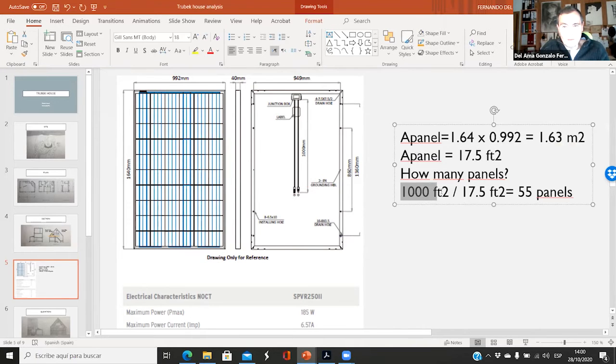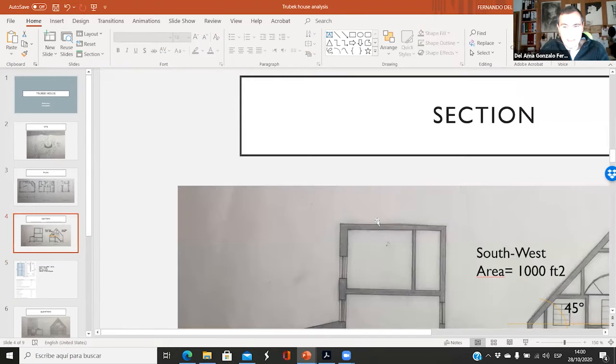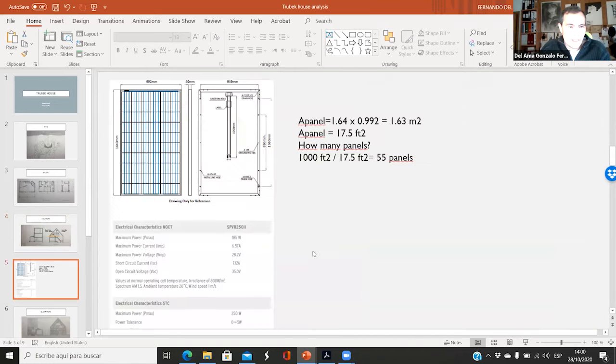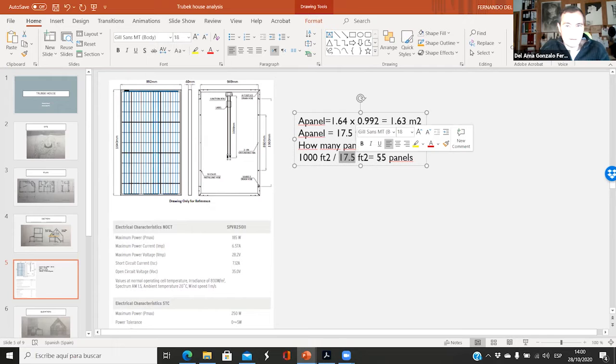This is the area that we have available. In this case it is 1,000 because we are working only with this part of the roof. Then we can try the northeast as well, but now we're using the southwest. So 1,000 square feet divided by the area of one panel, the total is 55 panels.